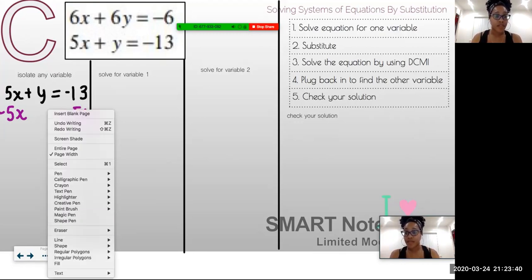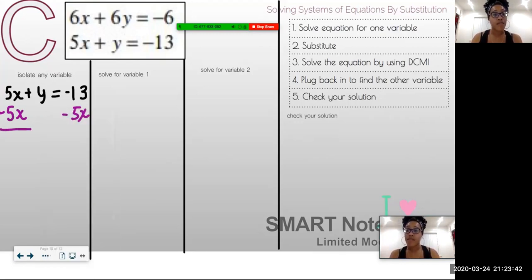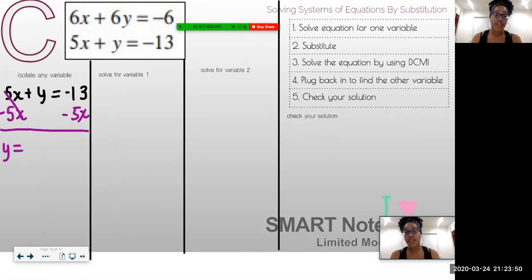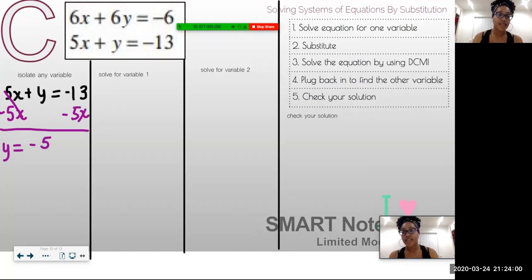Alrighty. So now my new equation, these go away. They're inverse operations, right? I'm left with y equals, as Ms. Fu said in her previous video, let's try to keep this in y equals mx plus b form. It's easier to work with. So I'm left with y equals negative 5x minus 13.